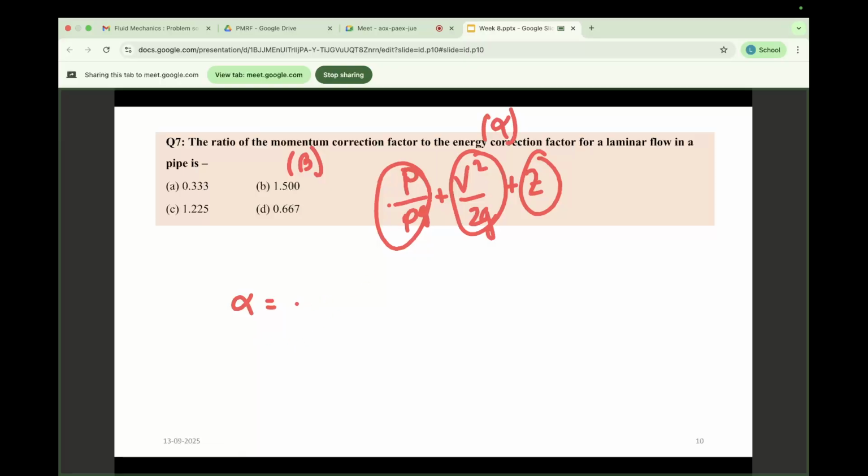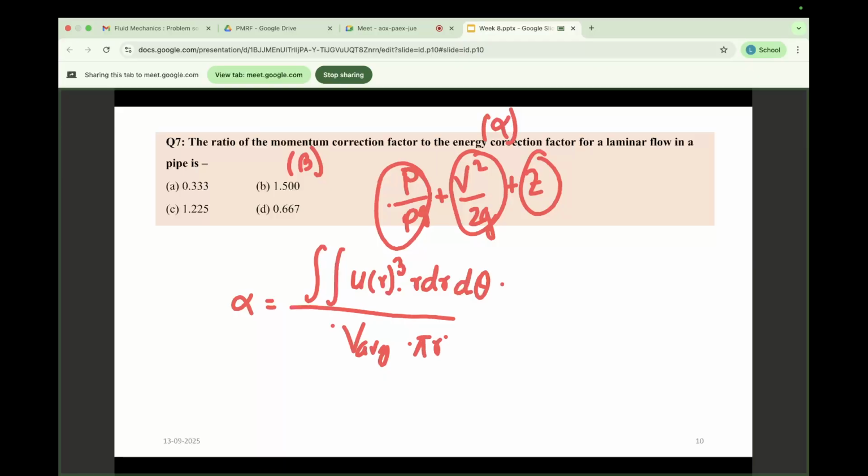For alpha, that is for energy, the correction formula is a double integration of U cubed, with r dr d theta as you studied, divided by the average velocity into area, that is Q.